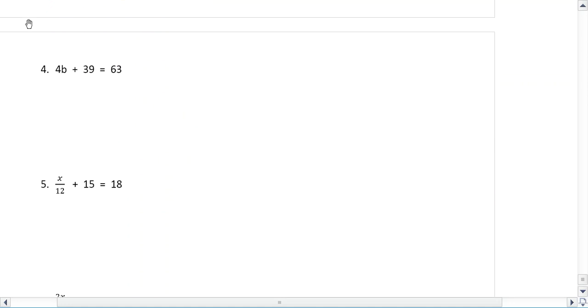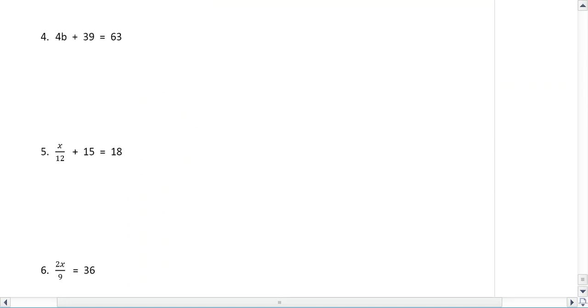All right, in this next example, again, we start with the adding, and we would subtract 39 from both sides. That would leave us with 4b is equal to 24. And then, of course, we divide both sides by 4 and get b is 6.